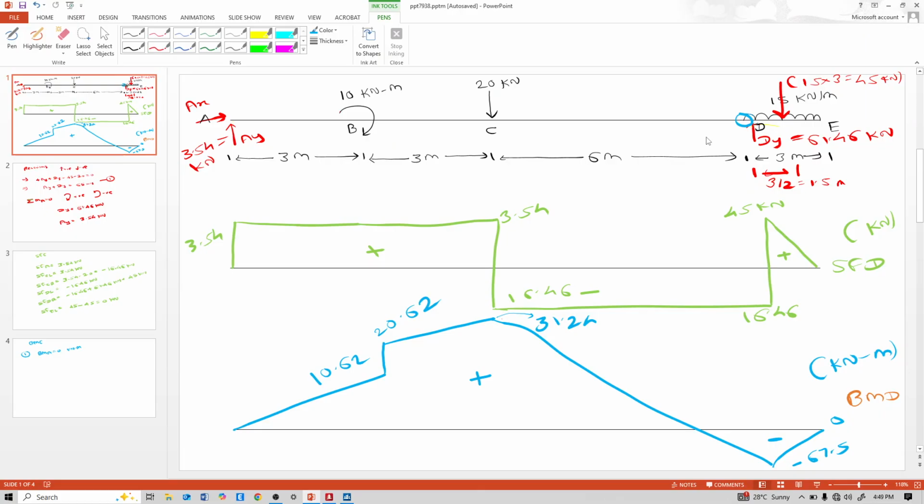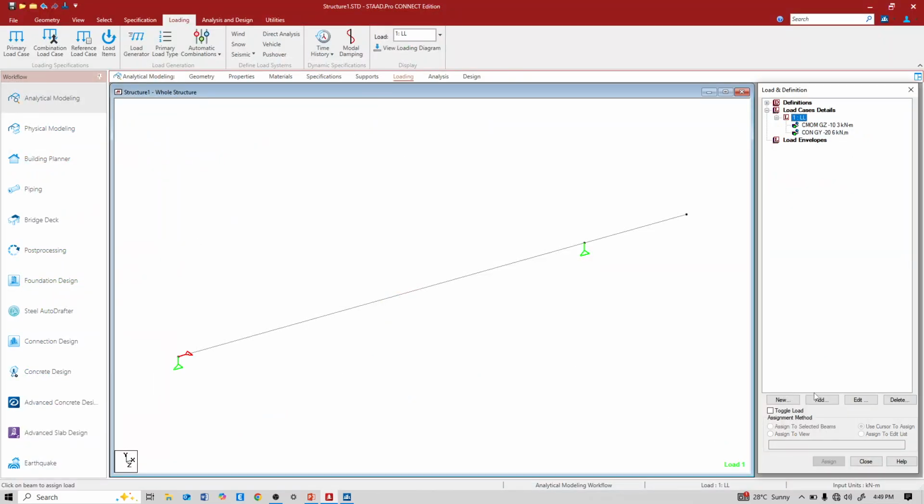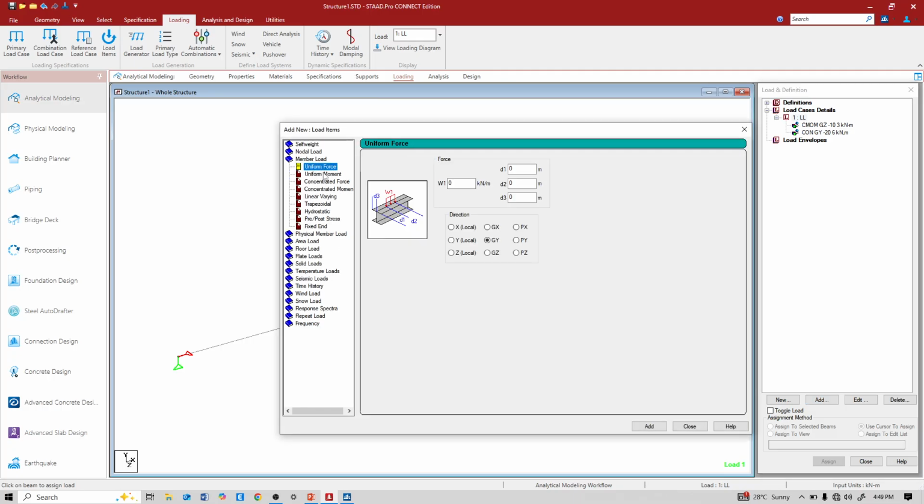Now next is for that DE portion, 3 meter portion, 15 kilonewton per meter UDL. So live load, add, member load, uniform moment, Y direction and minus sign because of downward. Add close.